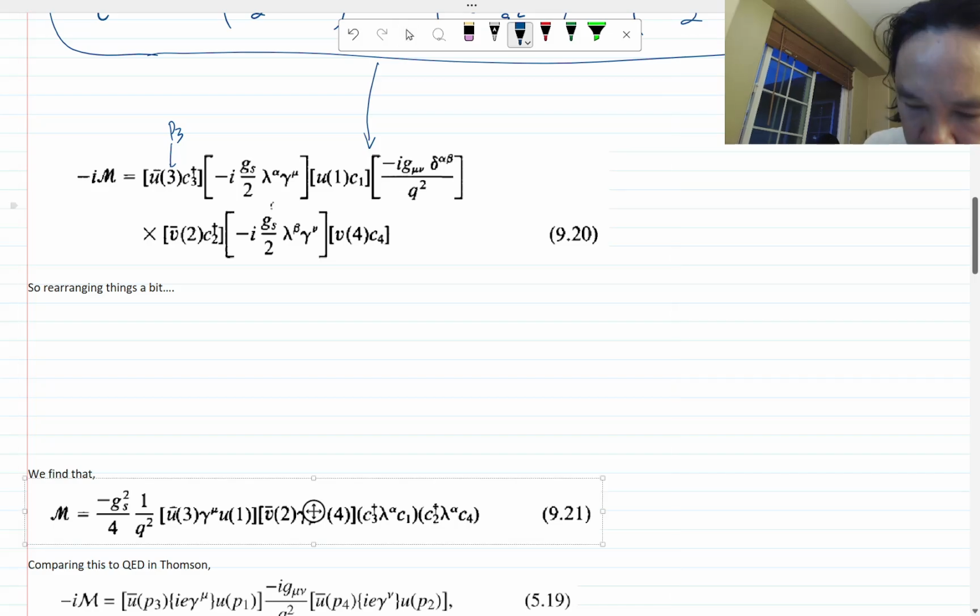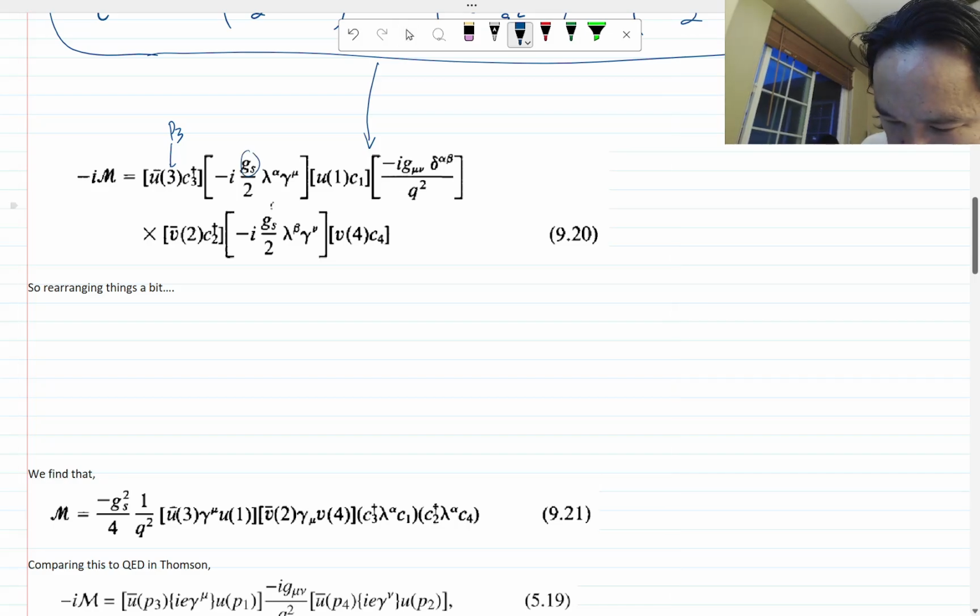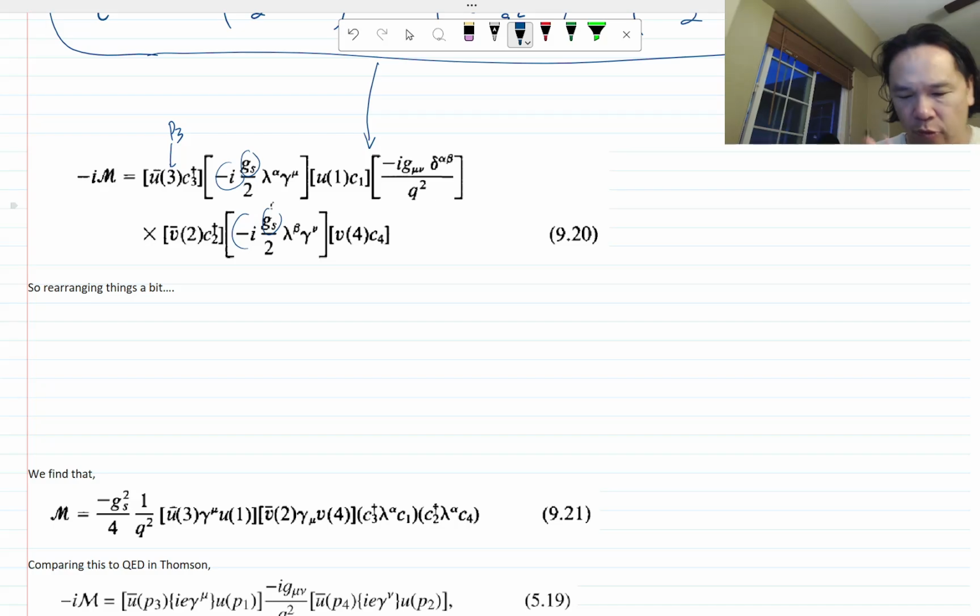Because these g_s's, these i's, they're numbers, so we can actually move them out in front. I'm also going to cancel out this negative i with this negative i, so therefore we're going to have to carry that around.